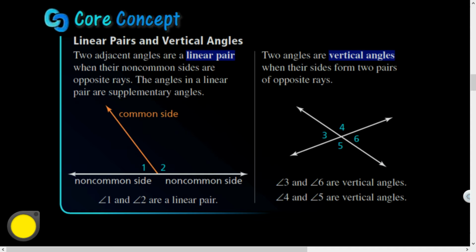The angles in a linear pair are also supplementary angles, which this part right here I usually refer to as the LPP, the linear pair postulate. Linear pair angles are supplementary. They add to 180, right? You got it. Good stuff, good facts.